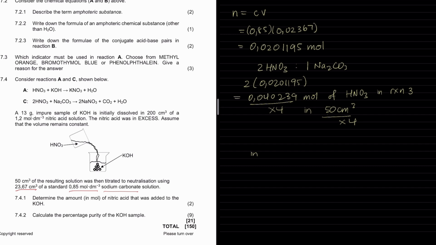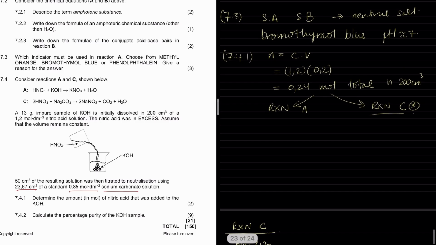So we'll say in 200 cm cubed, you're going to get 4 times 0.04239, and that gives you 0.160952 moles.